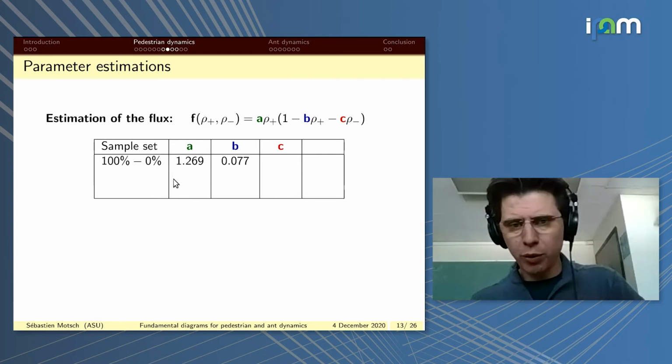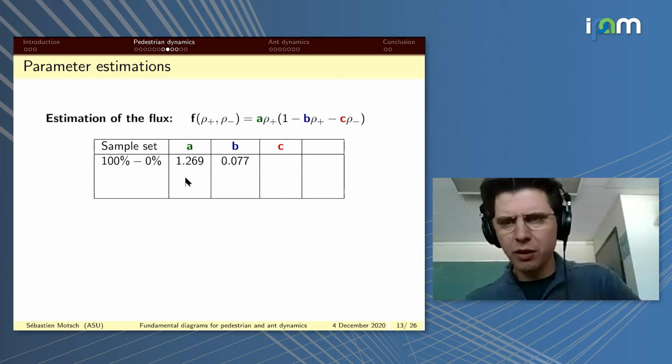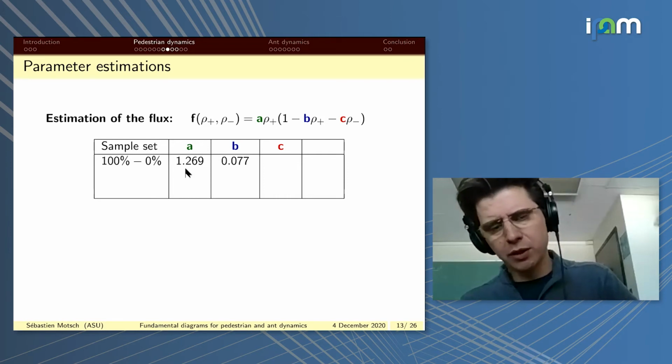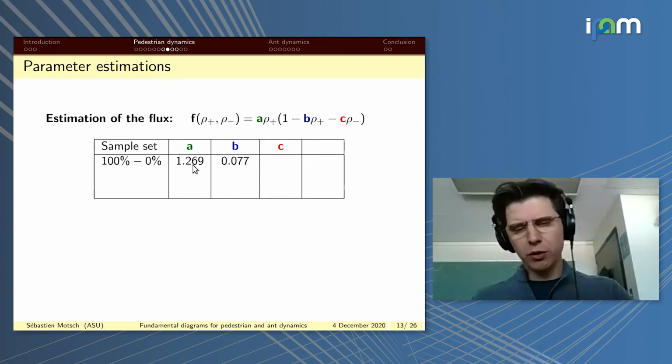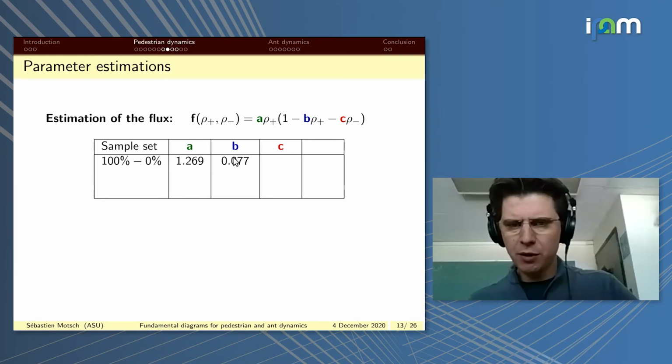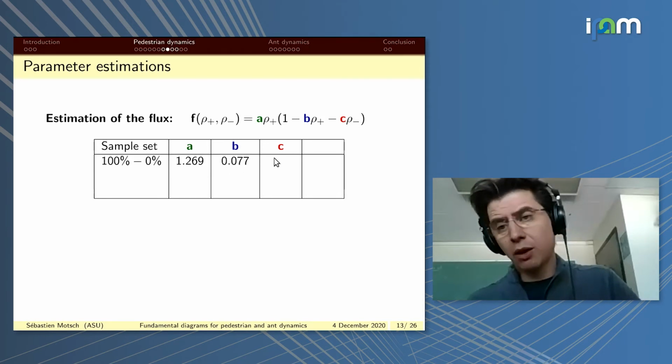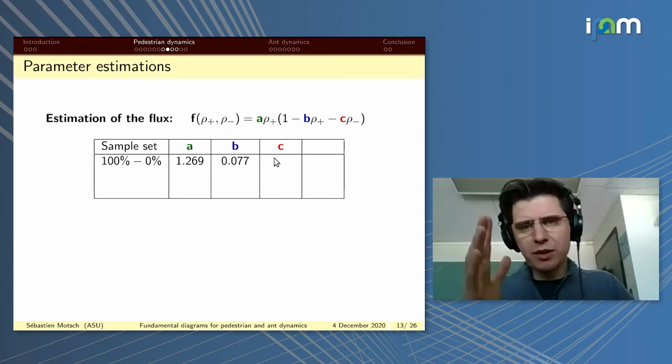So here, 1.2, 1.3, you're going to see it's very consistent. It's almost always the same. That's your average velocity, and it's almost the same for every experiment. B is relatively low, 0.07. And of course, there is no C because they're all moving in the same direction.